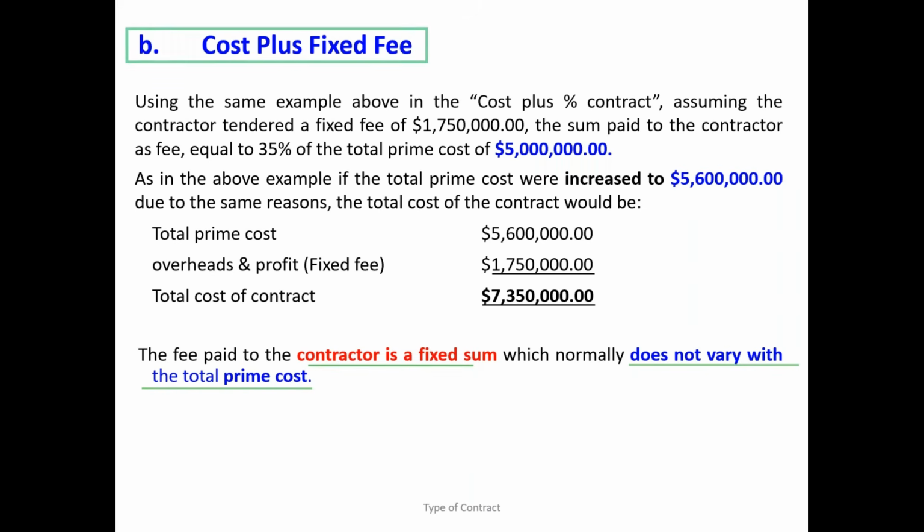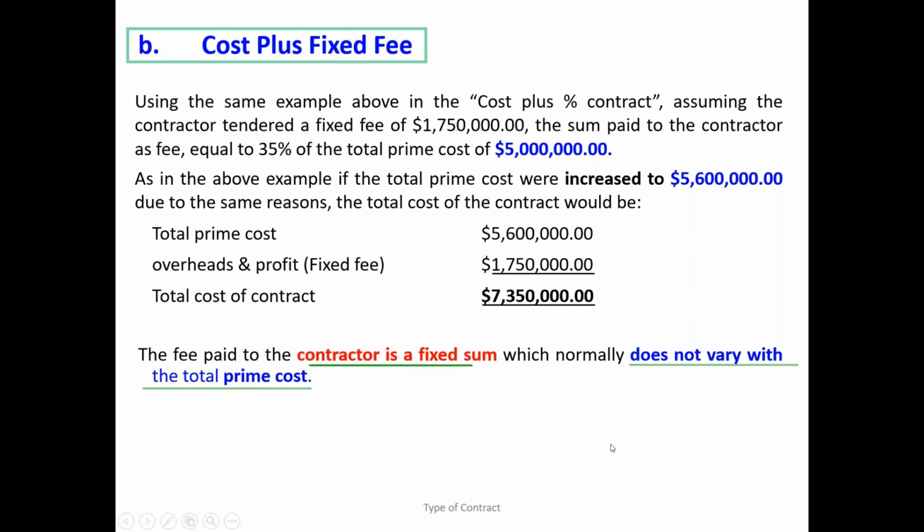So therefore he is now less motivated. Even if he brings 20 labor or 10 labor, his profit is the same. That is the reason for cost plus fixed fee. But still, this is not a satisfactory solution to the client, because the contractor still doesn't feel the weightage or interest to reduce the operation cost.